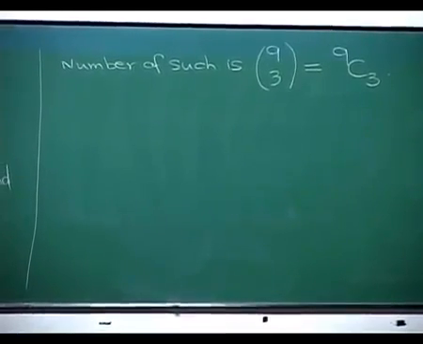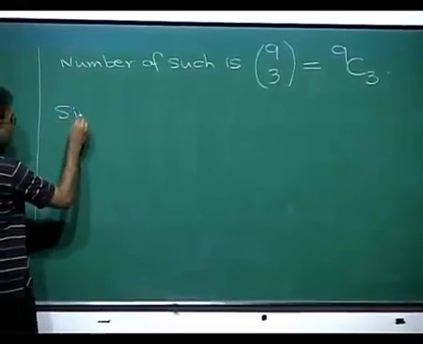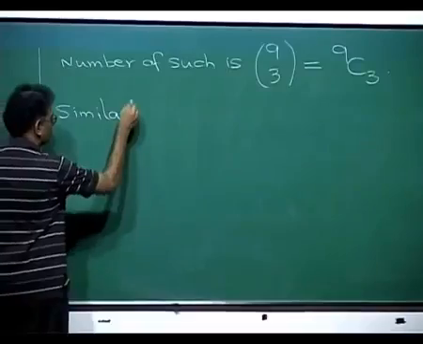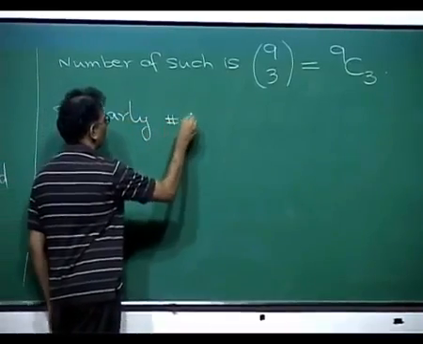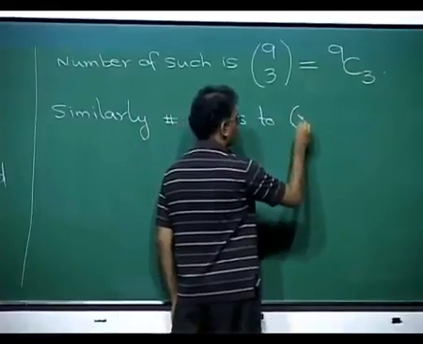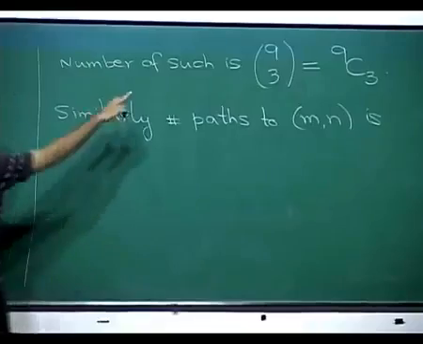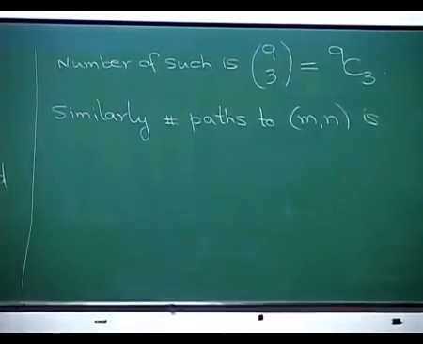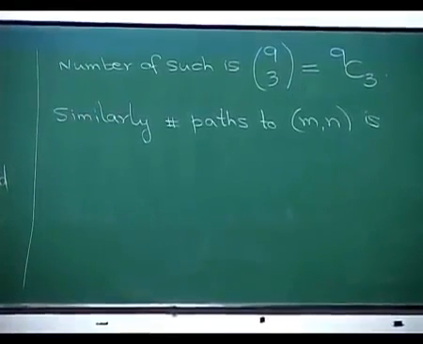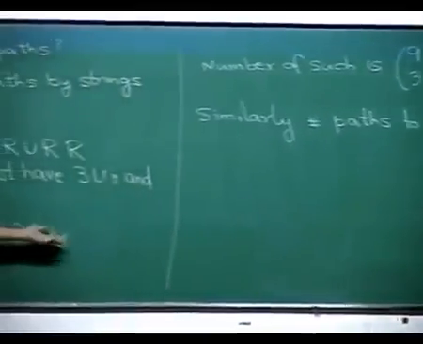Similarly, now 6-3 is nothing special, right? Similarly, the number of paths to (M, N) is, 9 was the length, which is how many U's and R's together, that's M plus N, and out of which you'll have to choose M, whichever U's or R's.